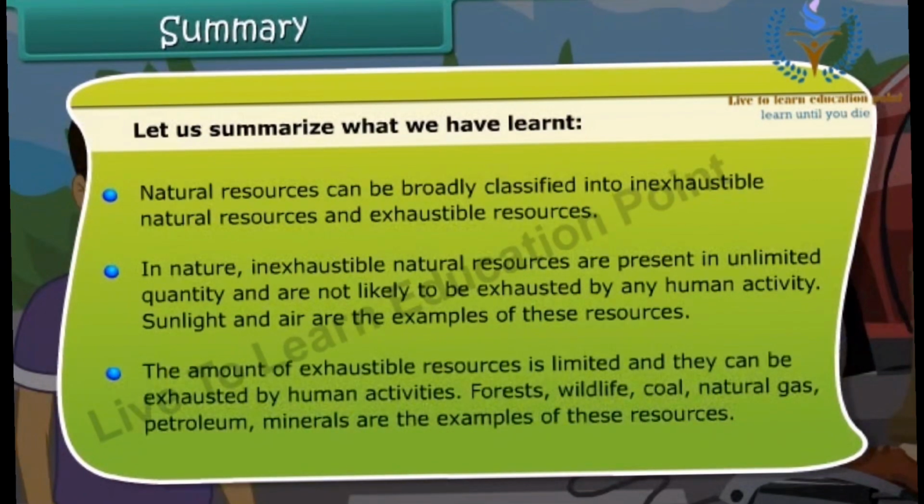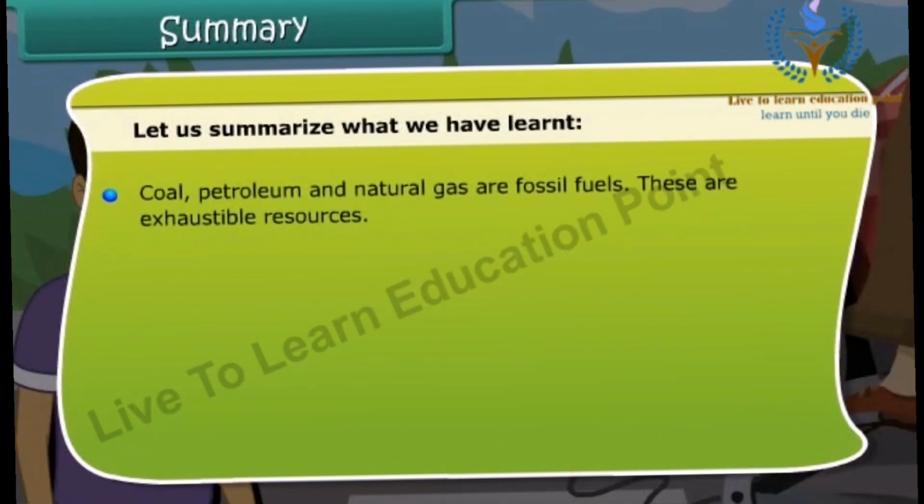The amount of exhaustible resources is limited and they can be exhausted by human activities. Forests, wildlife, coal, natural gas, petroleum, minerals are some of the examples of these resources. Coal, petroleum, and natural gas are known as fossil fuels. These are exhaustible resources.